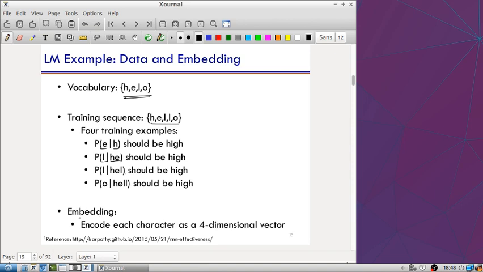And we'll also use some very naive embeddings. If you remember from last lecture, an embedding is just a vector representation for a symbolic thing. Here the symbols are H, E, L, and O, so we need vector representations for them. Since there are four characters, we'll use four-dimensional vectors. The whole point of last lecture was that if we have a 100,000 word English vocabulary, we can encode the words in 300 dimensional vectors, for example.